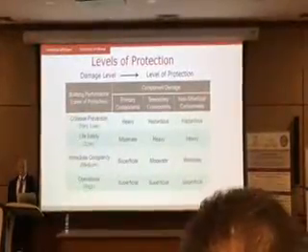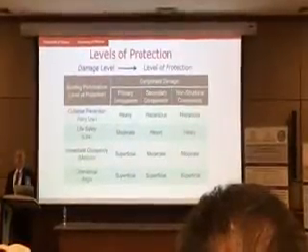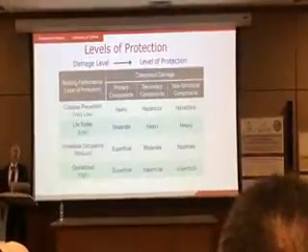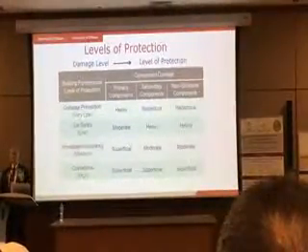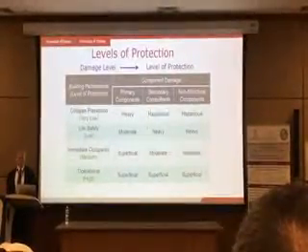Now, in order to see if your elements fulfill the code requirements, it's not enough to just analyze one column. We have to do primary members, secondary members, and non-structural components, right?